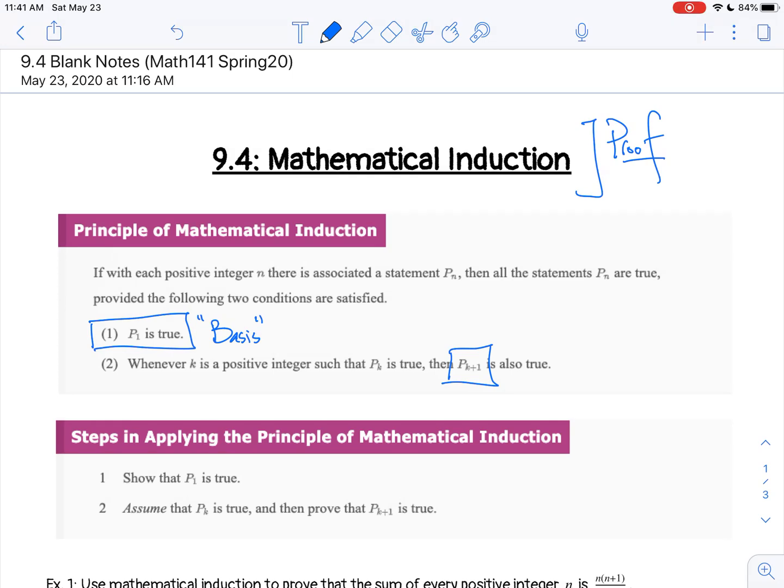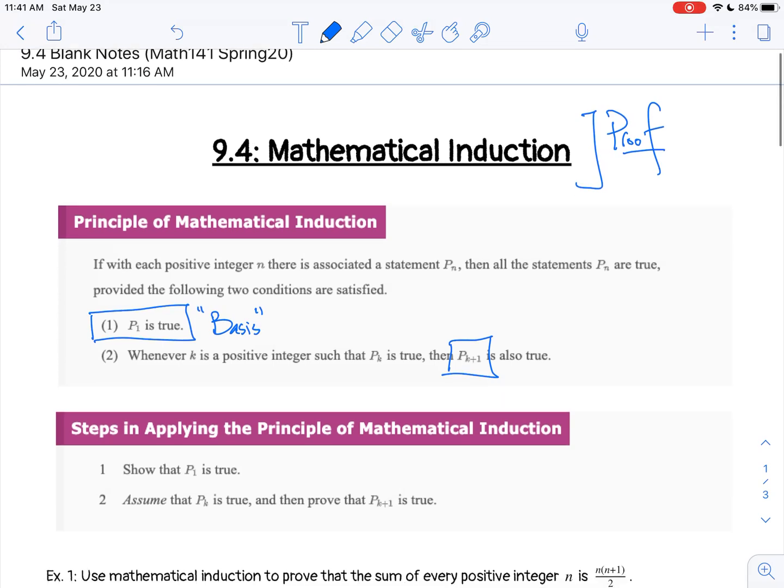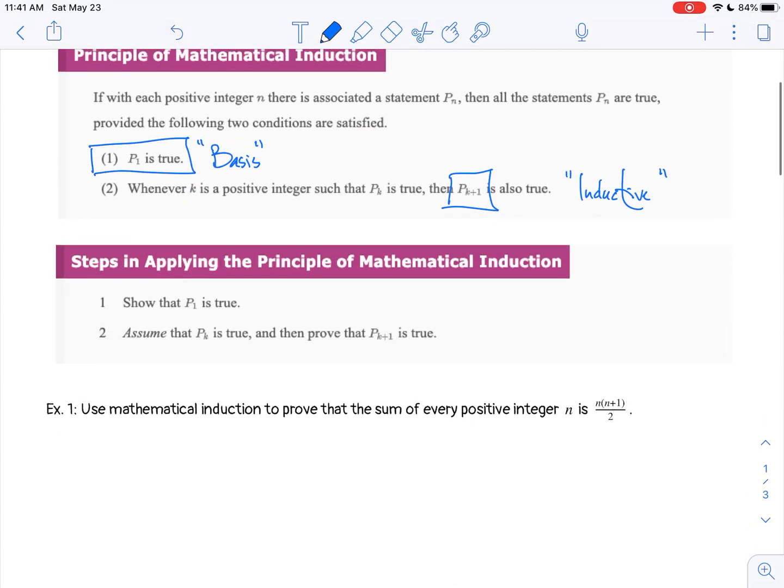If the first one is true, and we can show that it's true for k plus 1 or some other term plus 1, then it's going to be true for every single thing in between. So instead of showing it's true for every single case, we pick the basis step, and then we show the inductive step. If both of those are true, then we've proved that the entire statement is true.